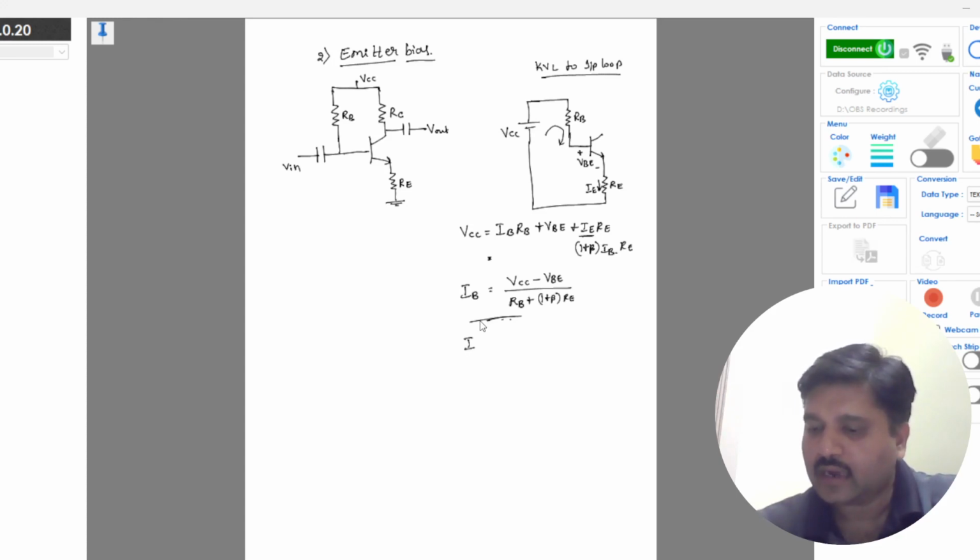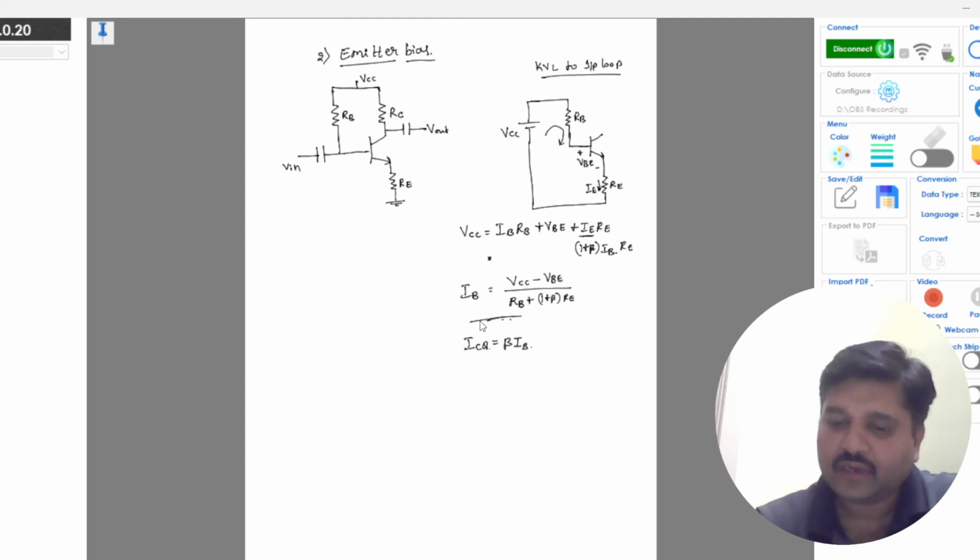Okay, and IC will be beta times IB. So this is the ICQ for the emitter bias circuit. Similarly for VCEQ, we apply KVL to the output loop, which I will redraw.